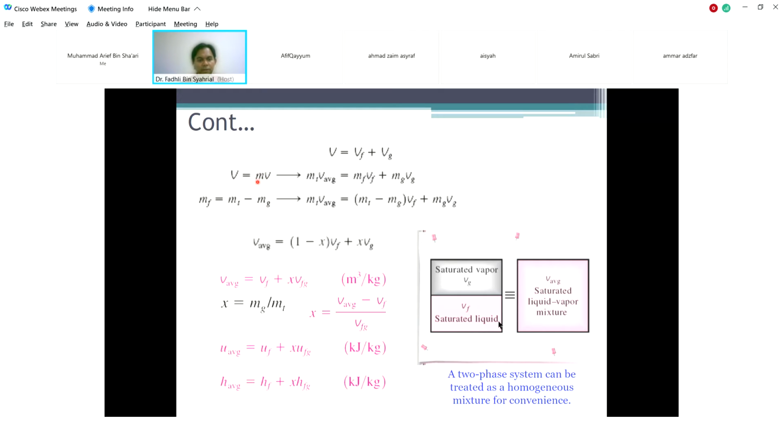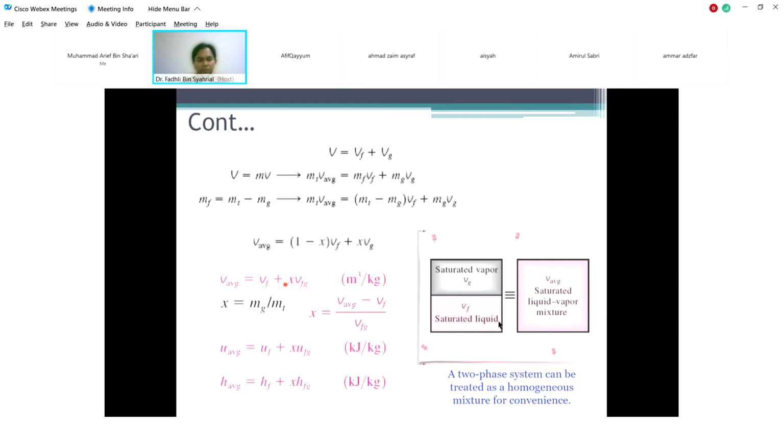Mass is given, right? 10 kilogram. The specific volume here comes from here, so that's why I solve this one first. Find vf, x and vfg. vf can be obtained from the table. vfg is the difference of vg minus vf, right?